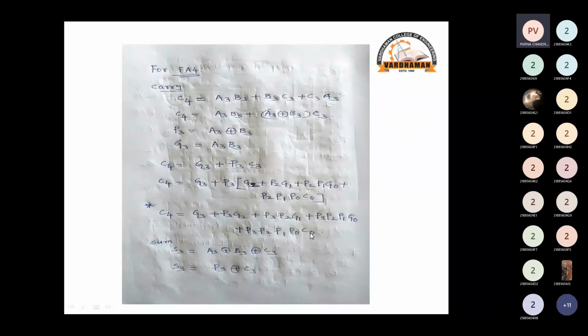If you see here, we don't have any carry from the previous full adder. In general, what is the carry from the previous full adder? That is C3. But we expressed C3 in terms of C0 again. You know all these things: G3, P3, G2, P2, G1, P1, G0, P0, and C0 is also known. So this is C4 in terms of the known quantities. Think that you are at full adder 4 directly.